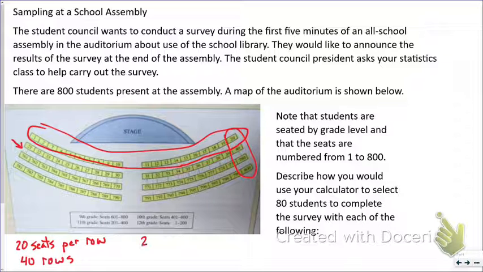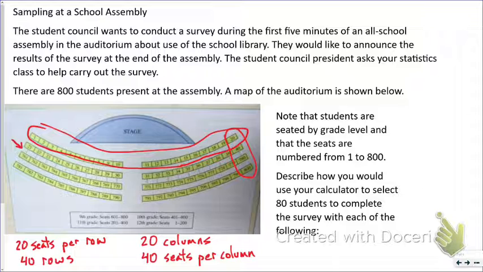So I would say we have 20 columns, which naturally means we have 40 seats per column. All right. So it's kind of inverted, depends on what you're interested in. I'm just talking about the layout here.